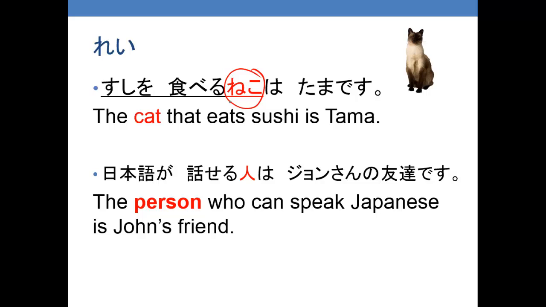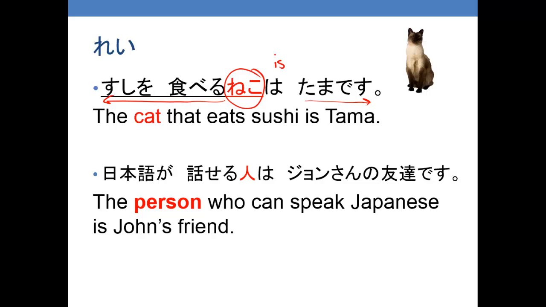Taberu means to eat, present tense, so it's a continual habit. So the neko that eats sushi, working back that way, is Tama. You'll notice that with the relative clause, the information about the noun comes before it. Then the end of the sentence gives even further clarification. So the cat that eats sushi is Tama.